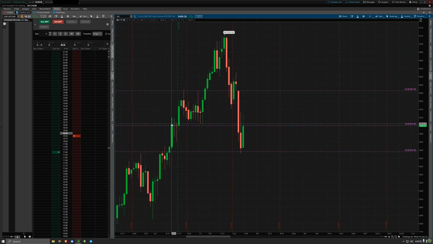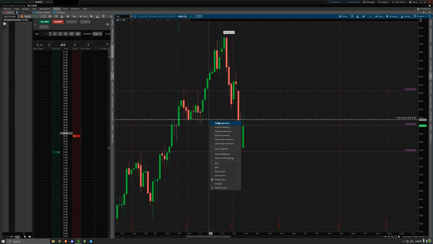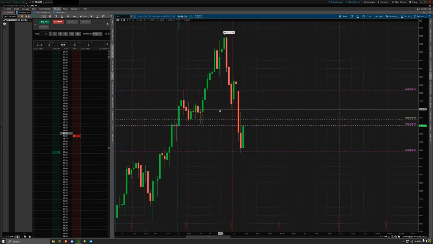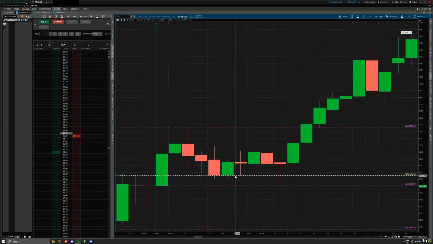Right here we have our weekly, our daily, right here. Right here's a nice one. You can see this is where the candles close, creating a support right around there.